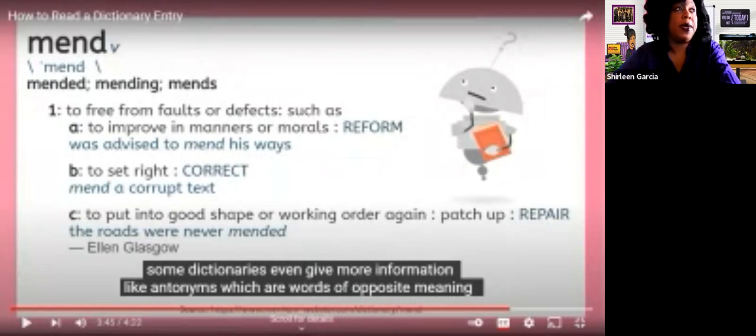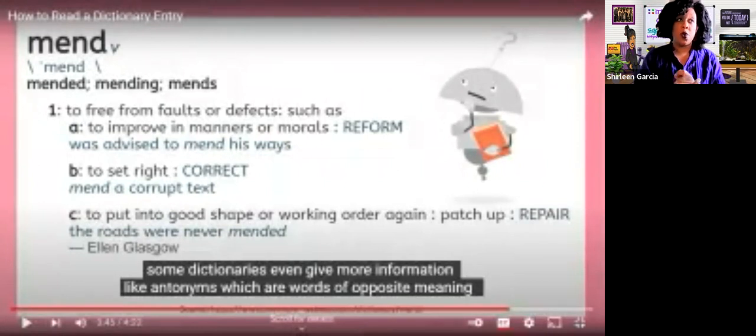So mend could be to be free from faults or defects. And they use it to talk about reform. So maybe one of the politicians was advised to mend his ways or reform his ways, improve his manners or his morals, so that he could be free from faults or defects.